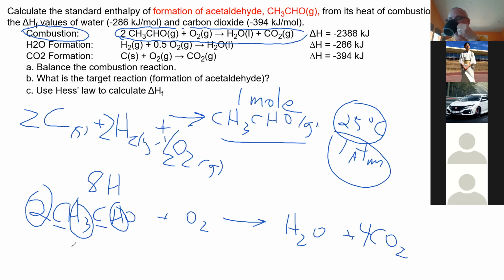You multiply the H2O by 4. Mm-hmm. Now I've got 8 hydrogens over here, and I've got 8 hydrogens over here. So they balance. So my carbons balance, my hydrogens balance. I only got oxygens left. So how many moles of oxygen do I have as products?